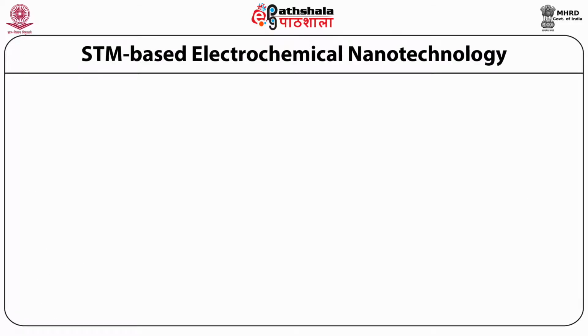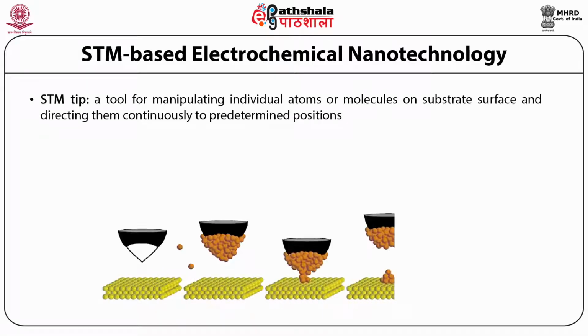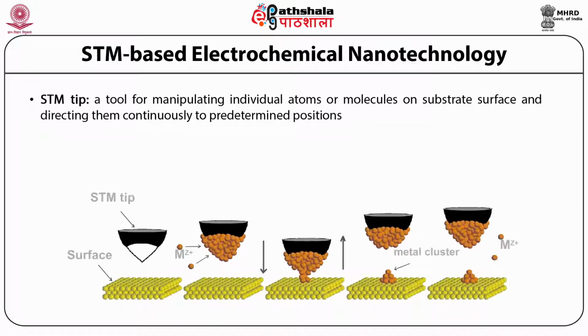STM-based electrochemical nanotechnology is one of the applications to which STM can be conveniently put. The tip has been shown to be a tool for manufacturing individual atoms or molecules on a substrate surface and directing them continuously to predetermined positions.